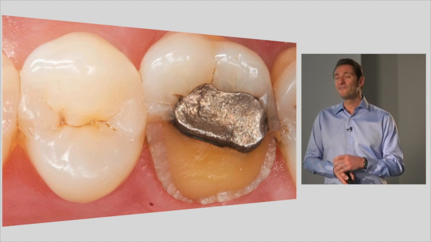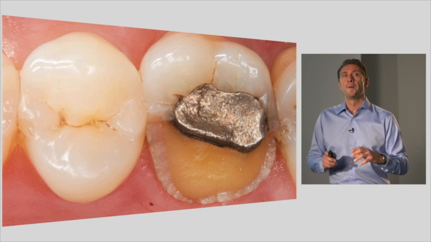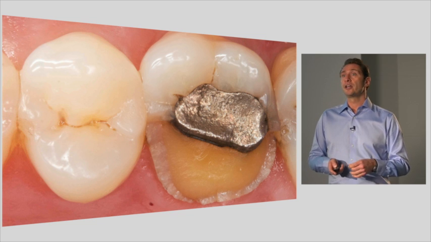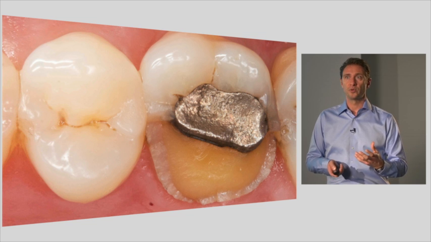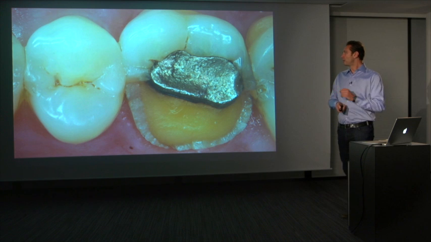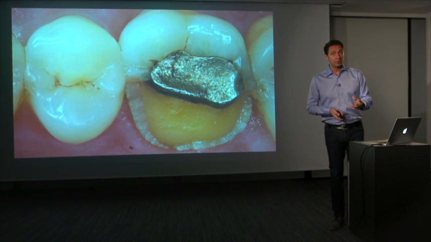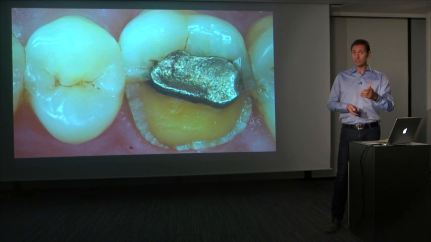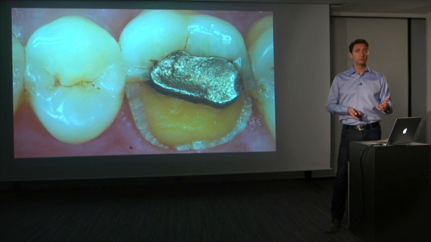I think the final objective should be preservation of the tooth and not necessarily preservation of the restoration in itself. Luckily, the failure here is not dramatic, and we can restore this. And as you will see during the presentation, we will be able to restore this in a very predictable way.